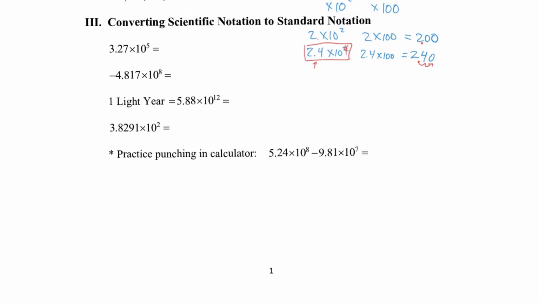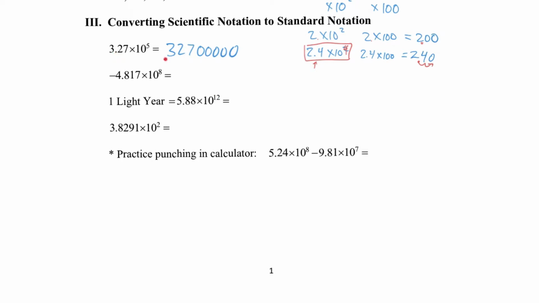Now the most common mistake is people will do this. I wouldn't write this down, but they'll do 3, 2, 7, oh, 5 places, 1, 2, 3, 4, 5, and put 5 zeros after it. How many zeros do I need? Not 5, but 3, because I moved my decimal point 3 places.